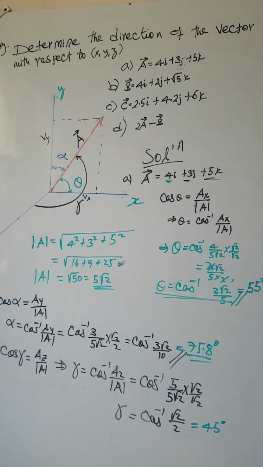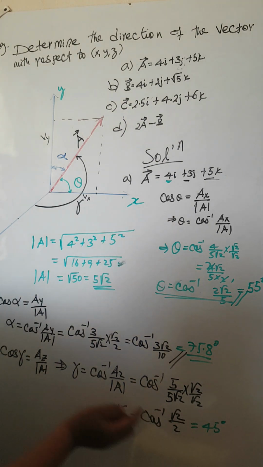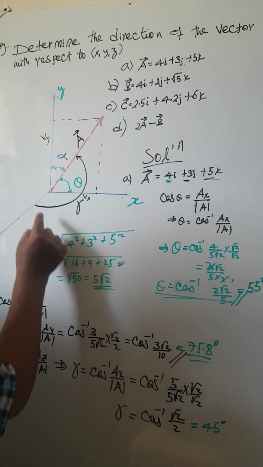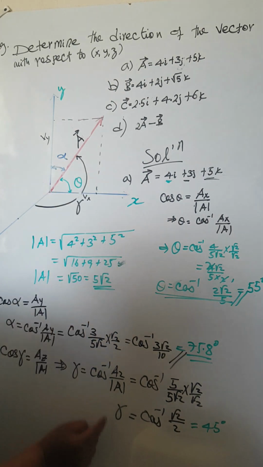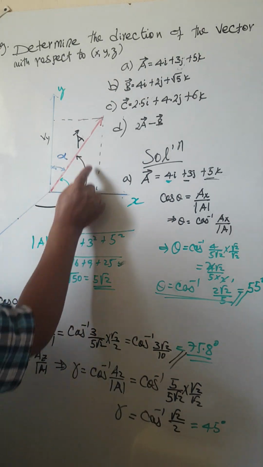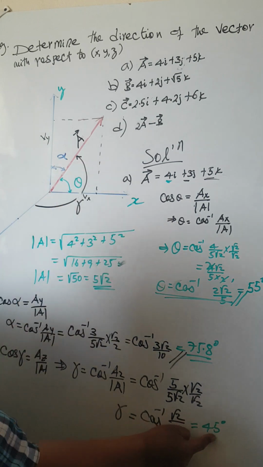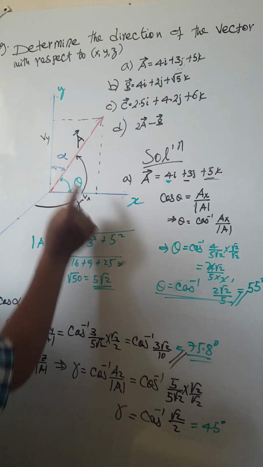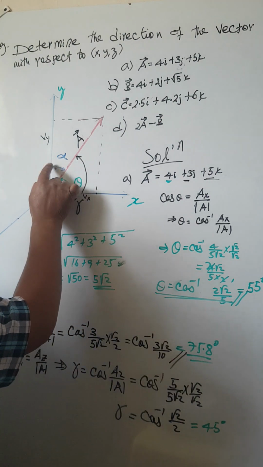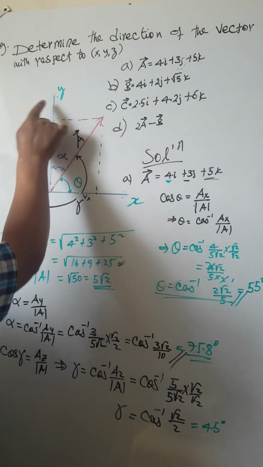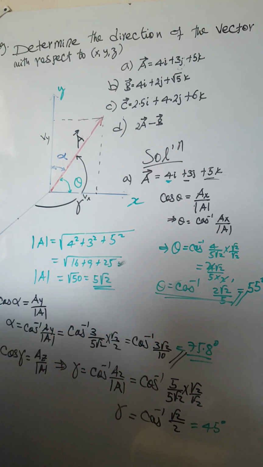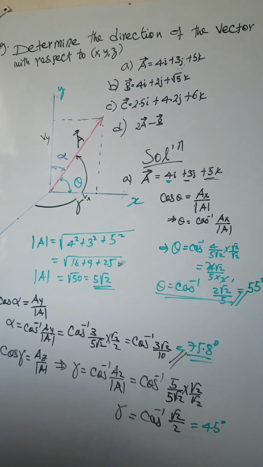So it's possible to determine using this formula. Now this vector is making 45 degrees with the z-axis. The direction of the vector with respect to the z-axis is 45 degrees, and this is making 75.8 degrees with the y-axis, and this is making 55 degrees with the x-axis.